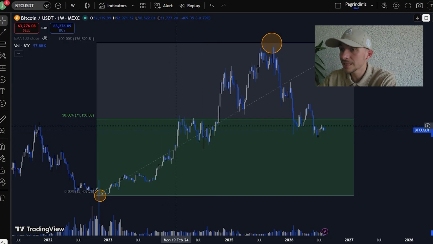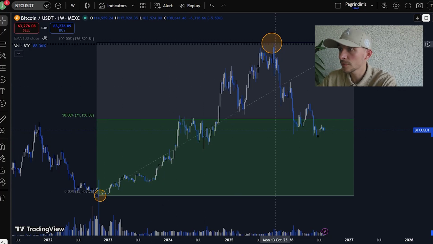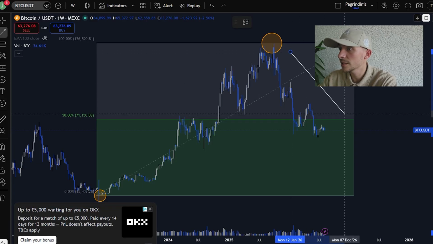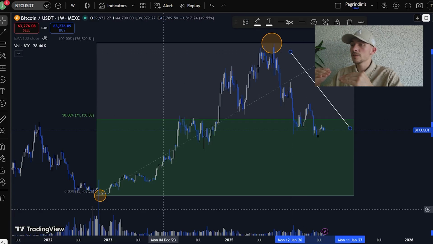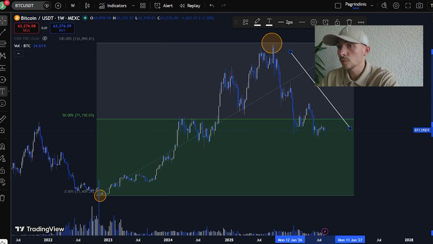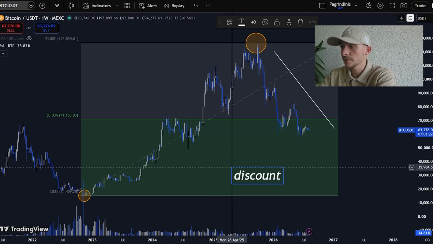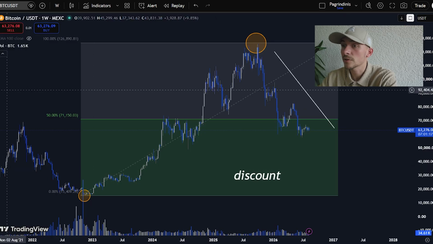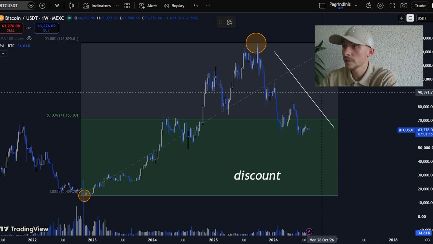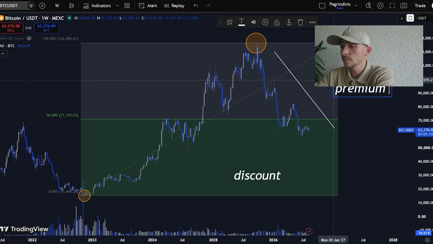So basically we have the lowest point, we have the highest point, and when the market starts retracing and going down, from 0% to 50% we call this zone a discount zone. If we are looking from the top, this is called a premium zone. If you are looking for a trade in the premium zone, you're looking for short positions.